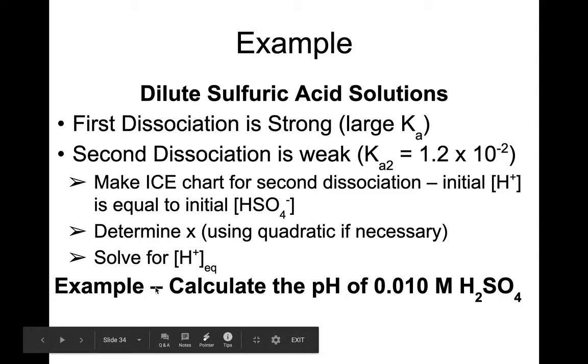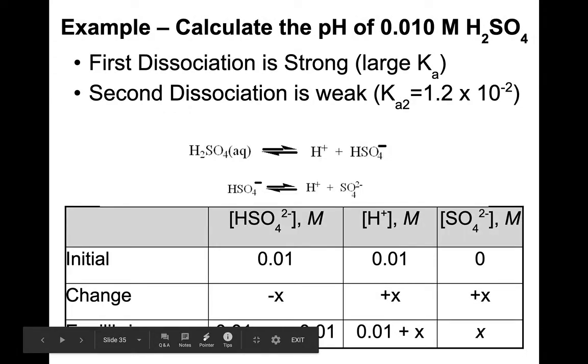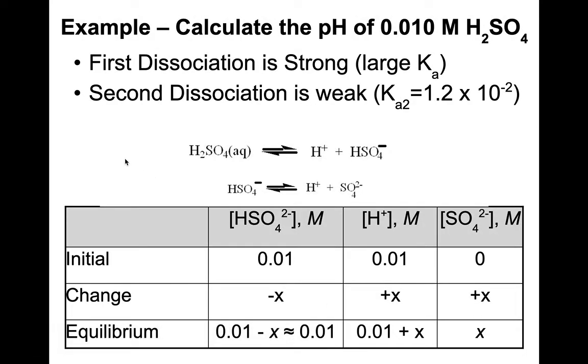So let's walk through these steps in an example. We would like to know the pH of a solution that is 0.01 molar sulfuric acid. So to get the pH, we need to have our concentration of hydrogen ions. So let's fill in our table for what we know.